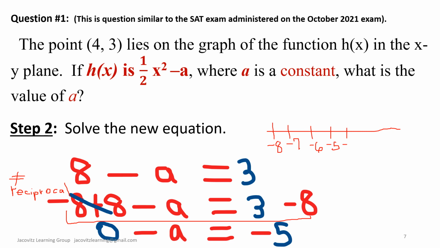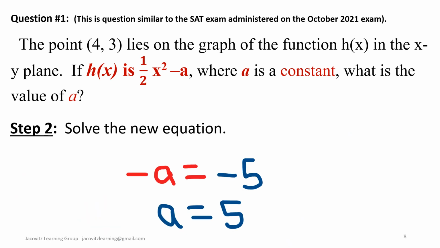Otherwise, the whole equation is off. So if this were your simple number line and you were to go from 8 positive to the right 3 spaces, so it's negative 5.